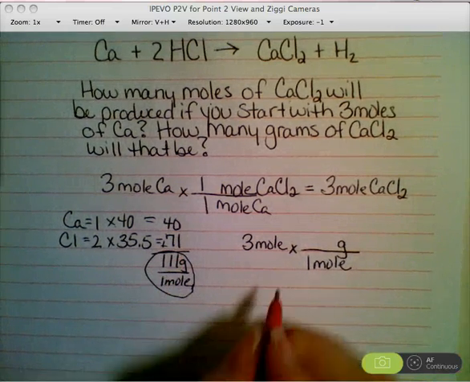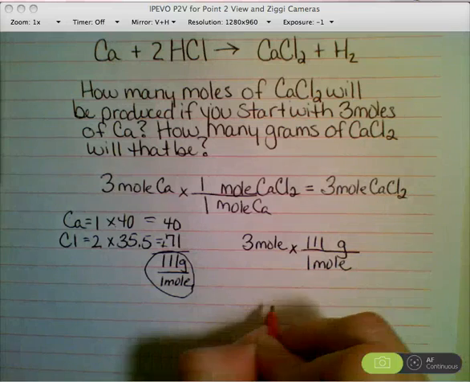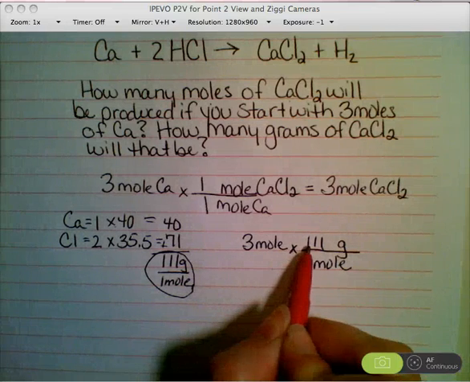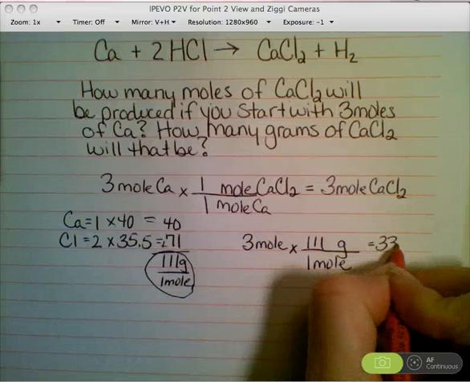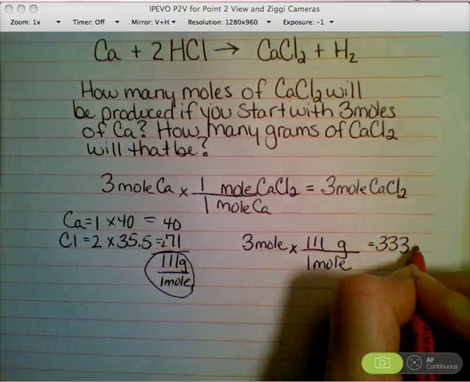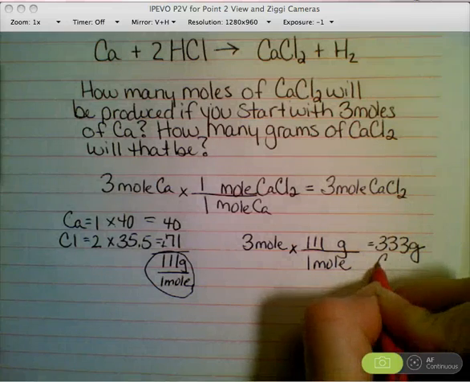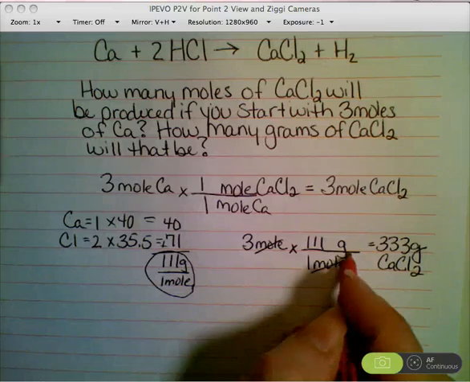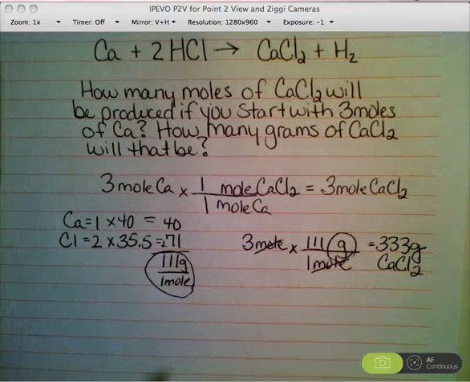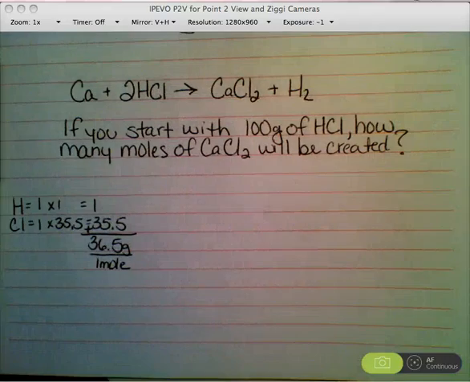It's 111. So 3 times 111 is 333 grams. Grams of what? Grams of calcium chloride. Moles cancel. I'm left with a gram, and we're good.